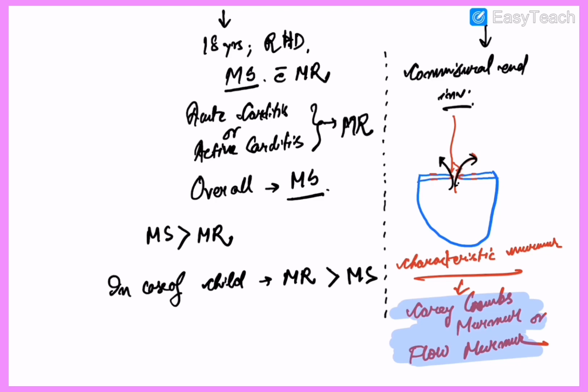Due to this flow of blood from the left atrium to the left ventricle, the characteristic Carey-Coombs murmur or flow murmur is formed.